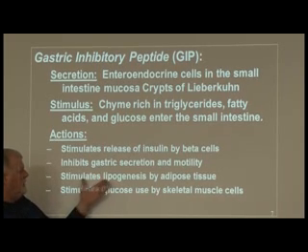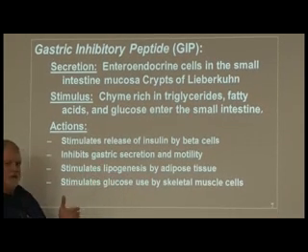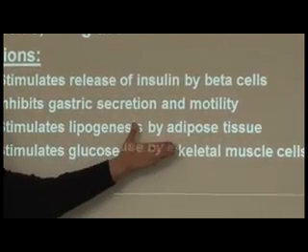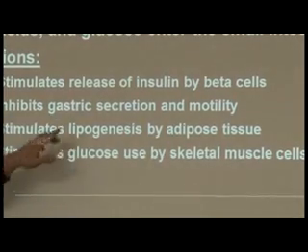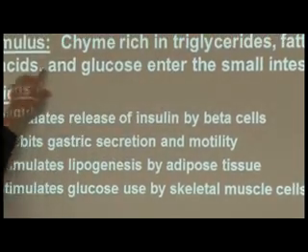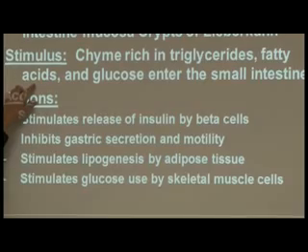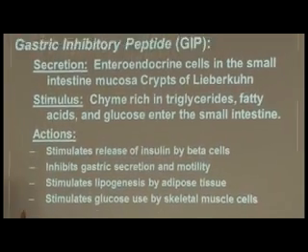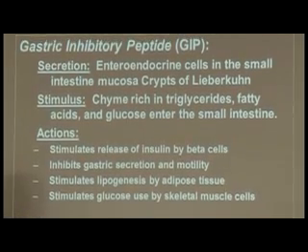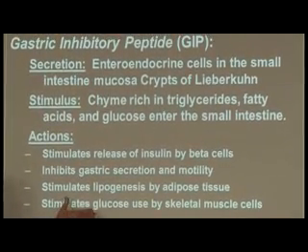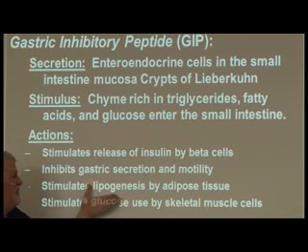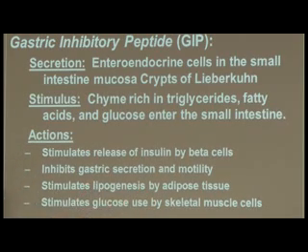So lipogenesis is the production of fats and by adipose tissue itself. So the fact that we have triglycerides and fatty acids that are going to be absorbed and digested in the small intestine means that we're going to have this new input of fat into our blood. And as that's carried to adipose cells, it stimulates the lipogenesis to form and store fat molecules.